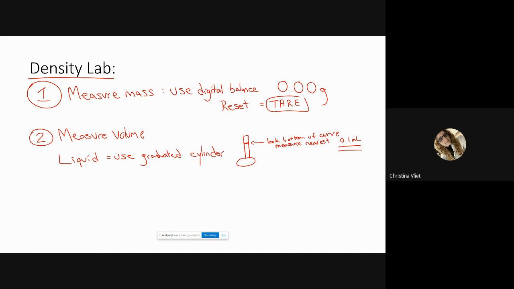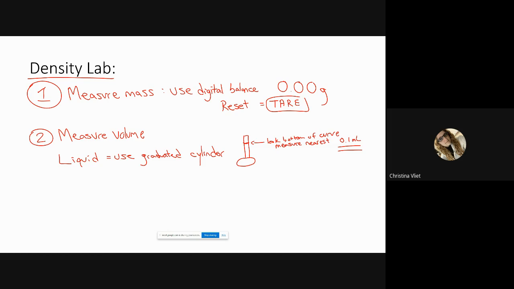So if you were asked to measure 25.0 milliliters and you measured 25.1, you need to write what you actually measured, 25.1. This matters for significant figures, so that's why I'm bringing it up. If I've got a liquid, I use a graduated cylinder to measure its volume.